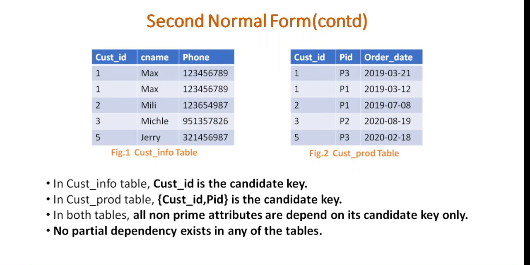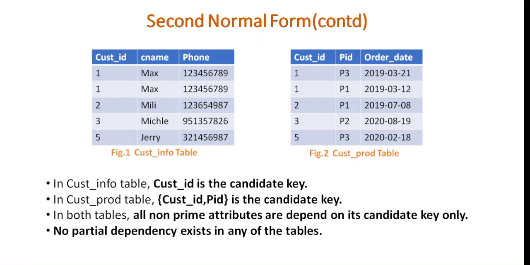If we have a composite attribute, we divide it into sub-attributes, and if an attribute consists of multiple values in a single cell, we create separate rows for all those values. Then only our relation will be in first normal form.